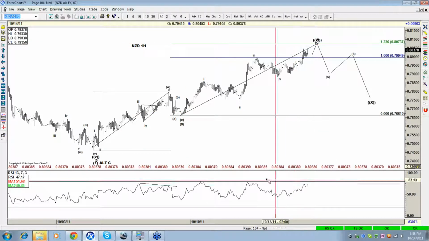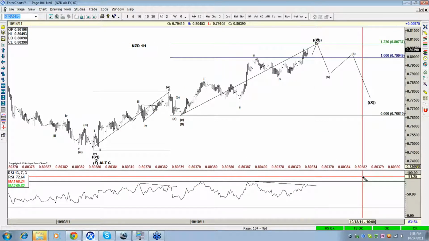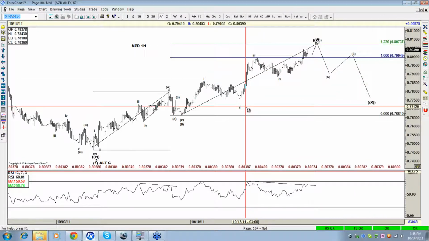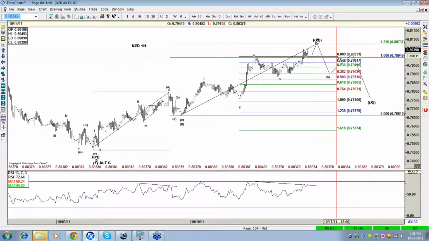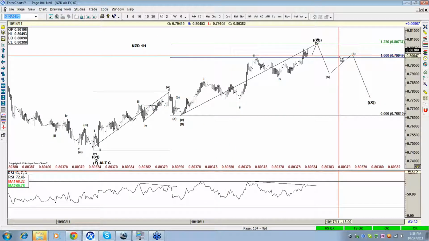Divergence on the second move. What is this level? 3802 or the 3 extension. It needs to surprise me with an extended 5, but I believe we are right there in the 3-wave move, and it's going to get weak, minimum to around the 76.60 area. And from there, let's see the structure.